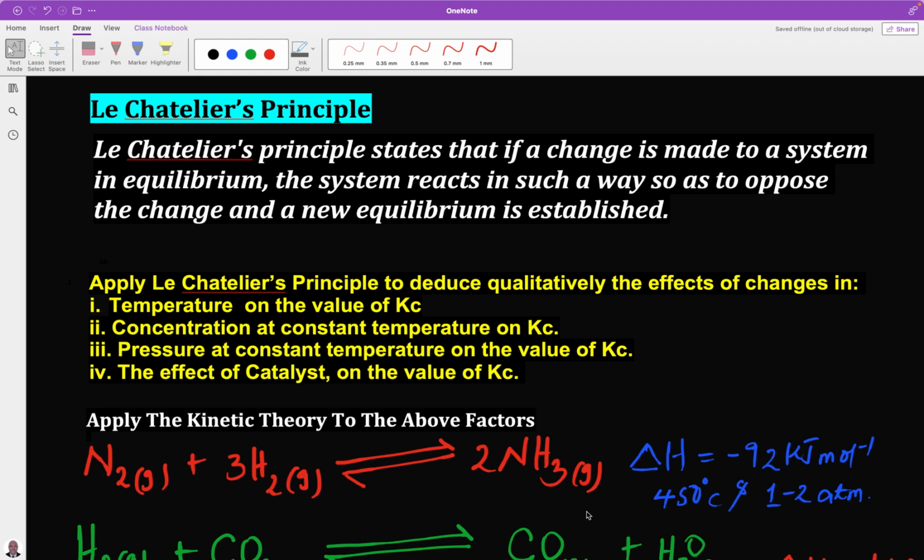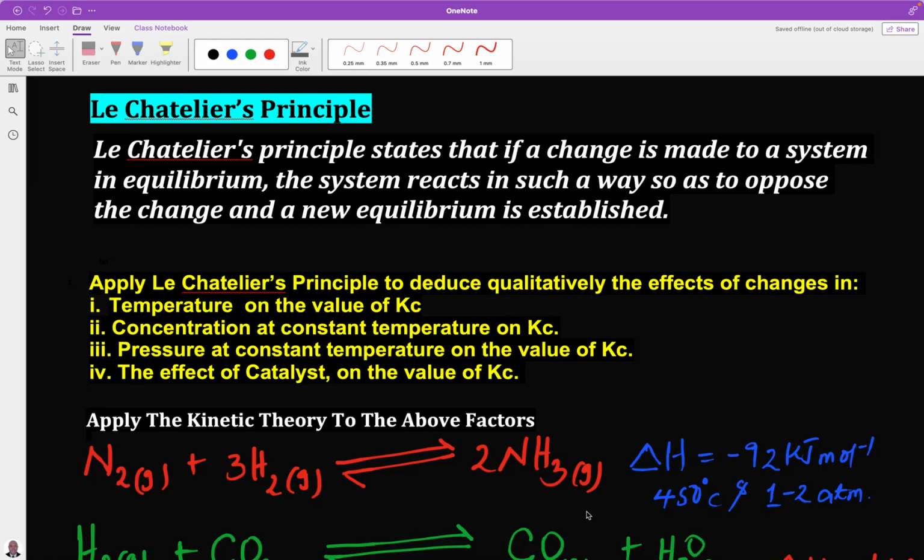To decrease it. If there's a decrease in a particular condition of a system in equilibrium, by Le Chatelier, the system must react to do what? To increase it.